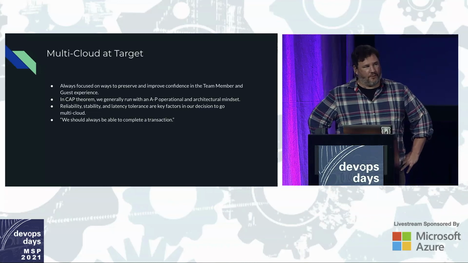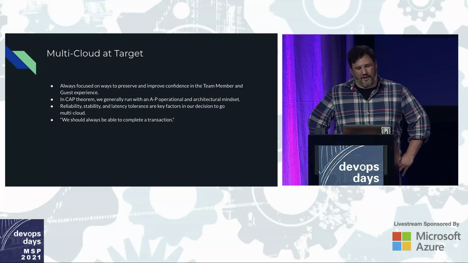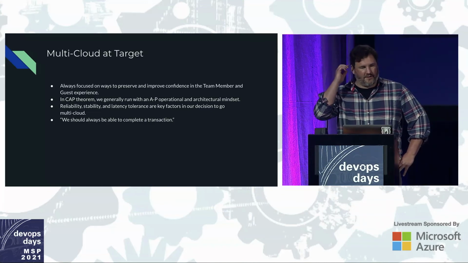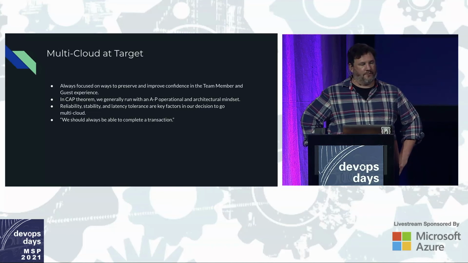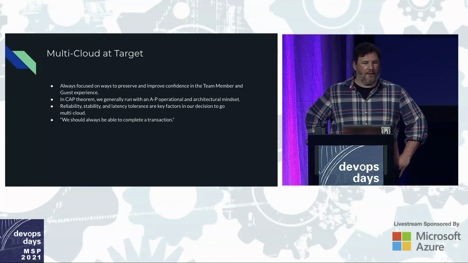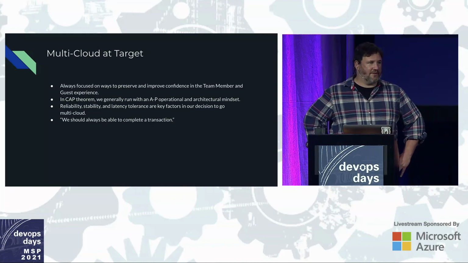All of this rolls up under something that we call the Target Retail Platform. Generally, we think about the Target Retail Platform in CAP theorem terms as an AP operational and architectural mindset. If you're familiar with the CAP theorem, you have consistency, availability, and partition tolerance.